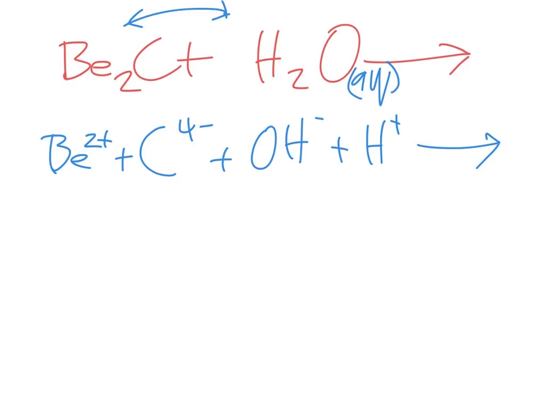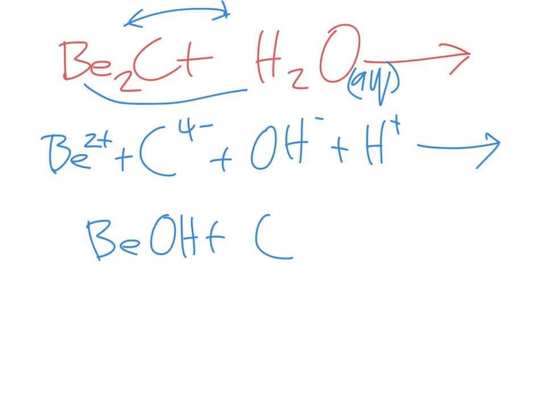And then your products will be BeOH, because this one goes here, and then the other one will be CH4. And it's 4 because C is -4 and this is +1. So then to balance it, you need to have 4 here.